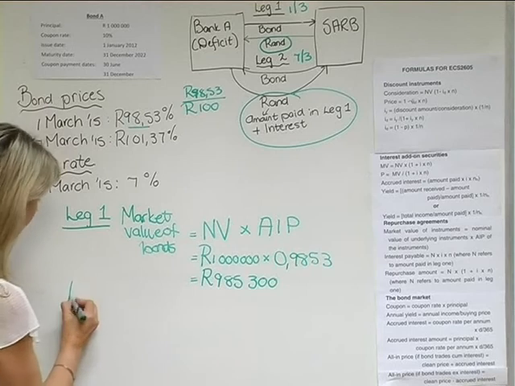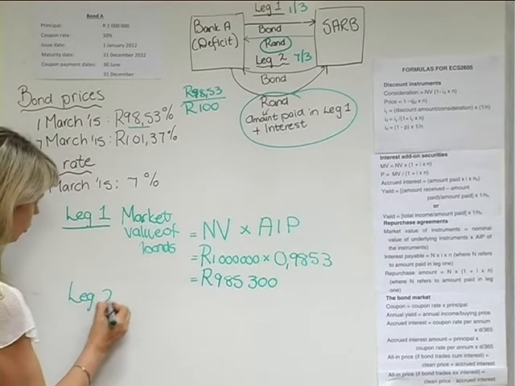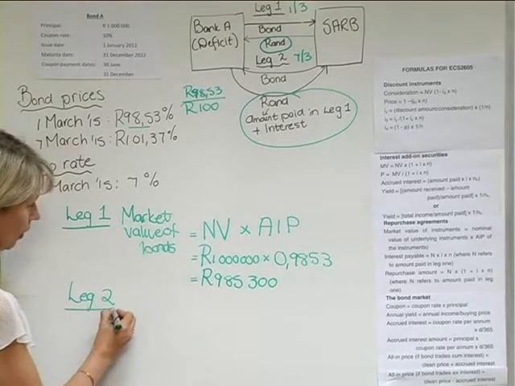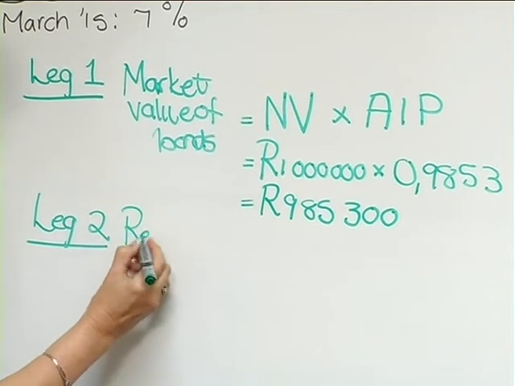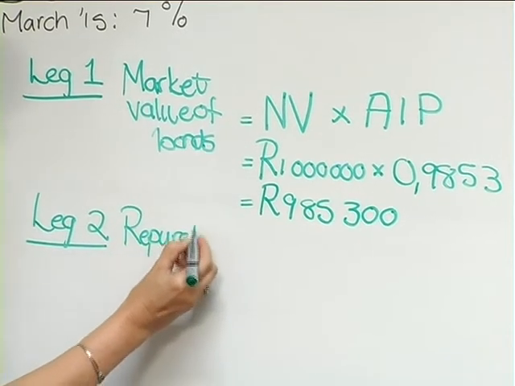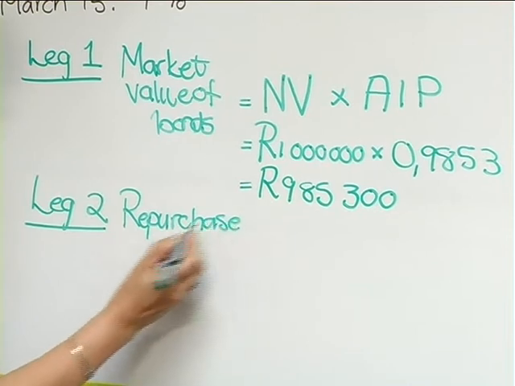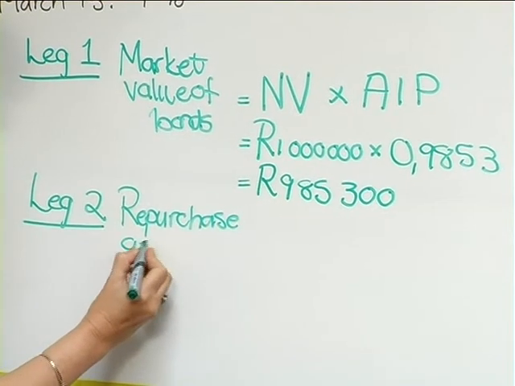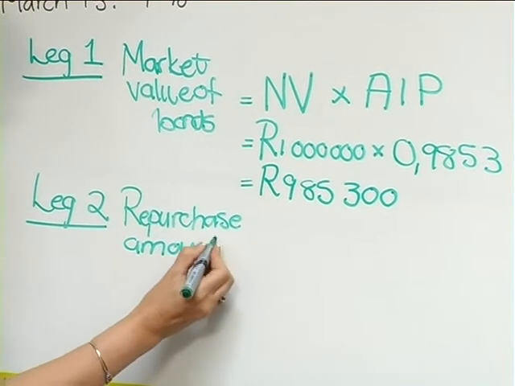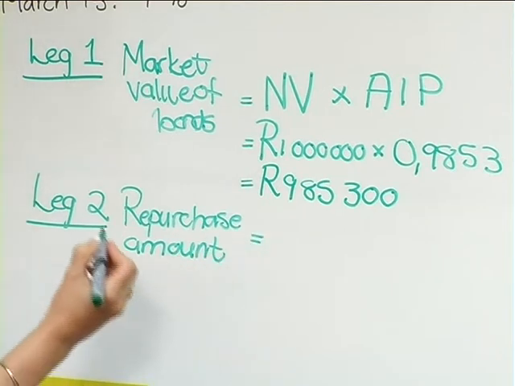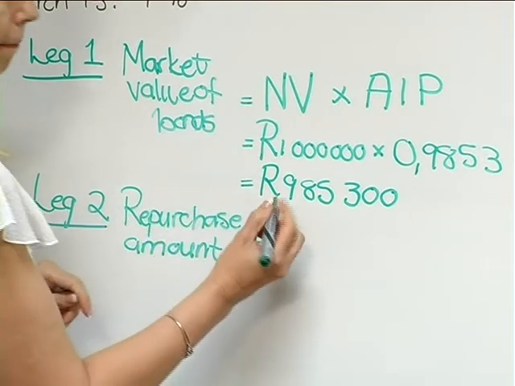So we can write down the formula for leg 2, the repurchase amount, how much Bank A has to pay to buy back this bond on the 7th of March.